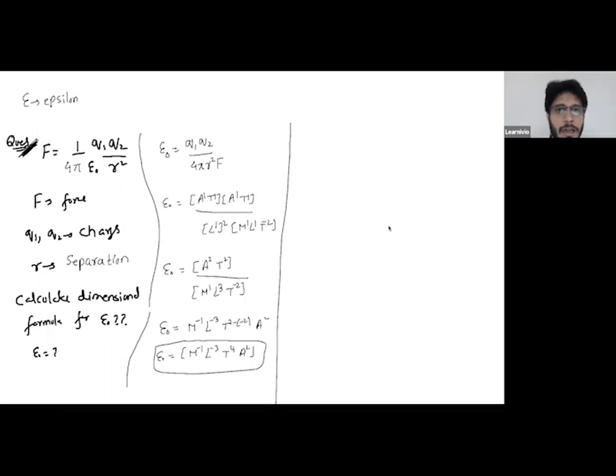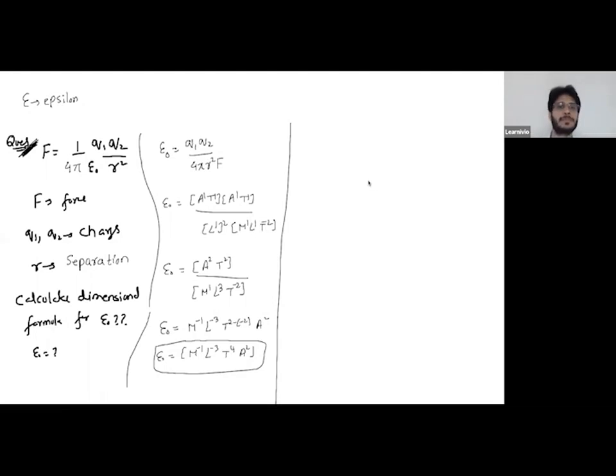Abdullah is correct. Hamda is correct. Noor is correct. Mariam Yahya wrong. Now, Fazil Shahbaz is correct. M minus 1, L minus 3, T4 A square.